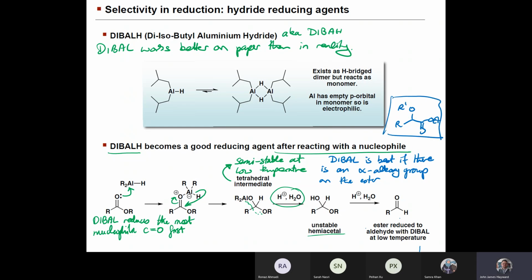Okay, because that gives you a more stable intermediate than is the case otherwise, because instead of a four-membered ring forming, you get a five-membered ring forming instead, and a five-membered ring is more stable.